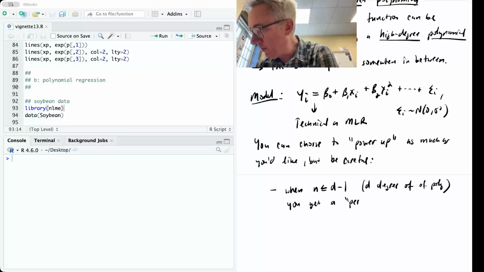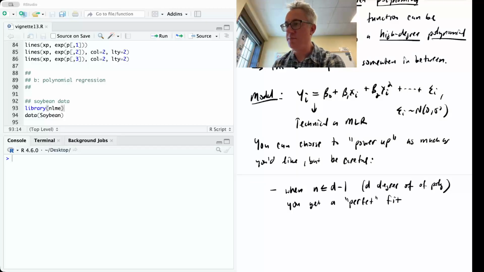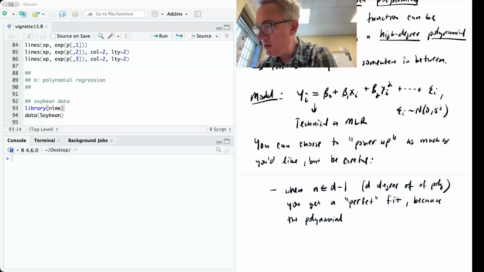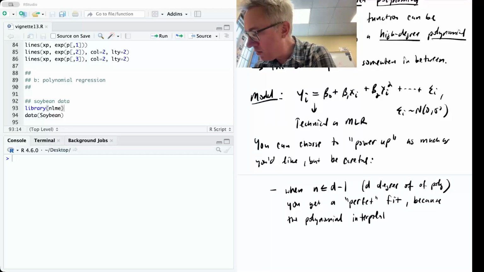I'm going to put perfect in quotes because the polynomial interpolates all points. That means it goes through all of the points.